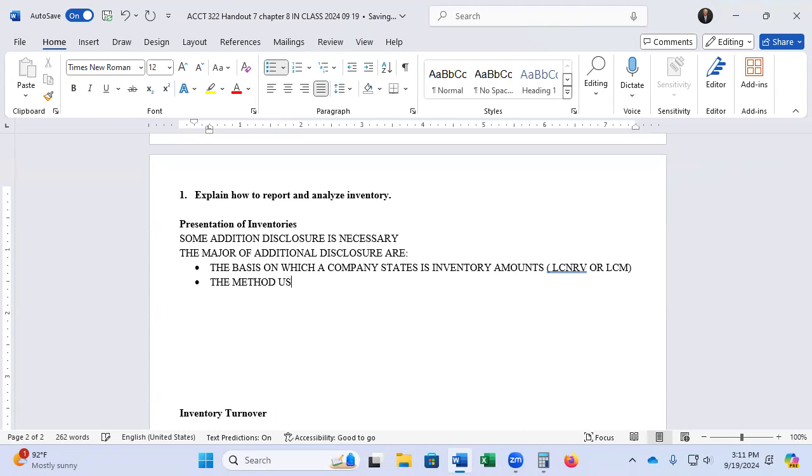The method used in determining cost. And so we have the four methods there: FIFO, LIFO, weighted average, and specific identification.